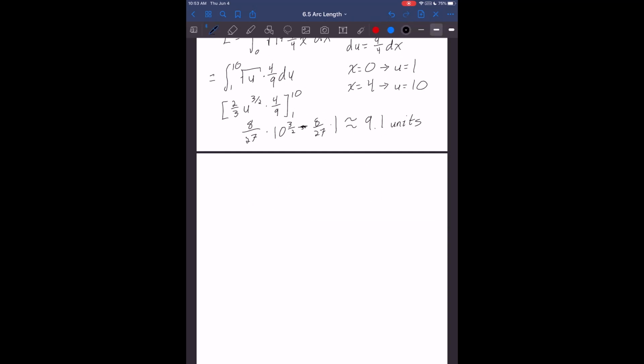Okay, so now we are going to do another example, not particularly much more complicated. However, it's going to use a different technique for solving the integrals rather than use substitution. So the problem that we're going to be doing is this one right here.